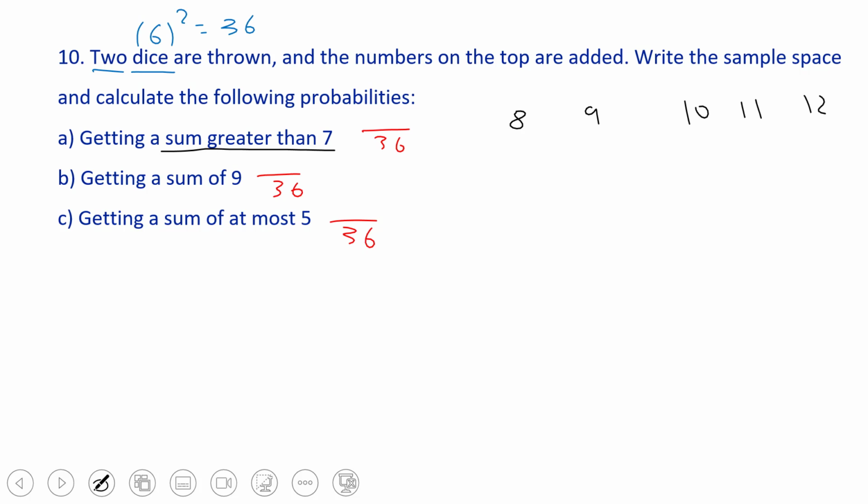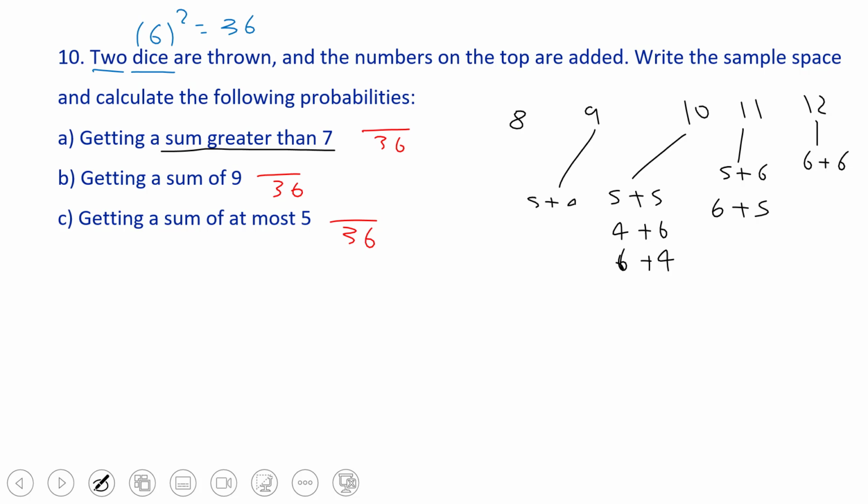This is the maximum sum because my numbers on the dice are from 1 to 6. 12 has only one option, 6 plus 6. 11, you have 2 options, 5 plus 6 or 6 plus 5. 10, you have 5 plus 5 or 4 plus 6 and 6 plus 4. Do you have any more? No. For 9, you have 5 plus 4 or 4 plus 5, 3 plus 6 or 6 plus 3.